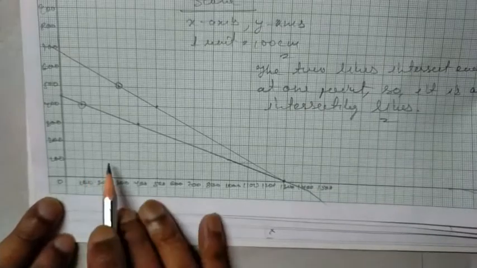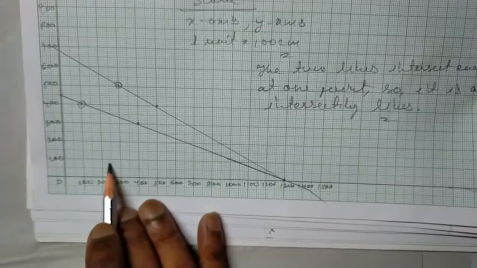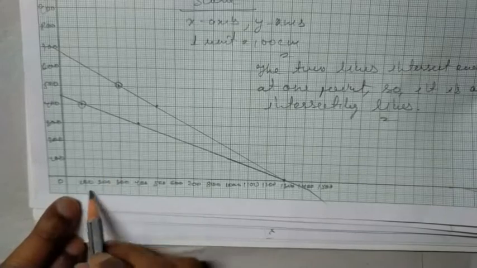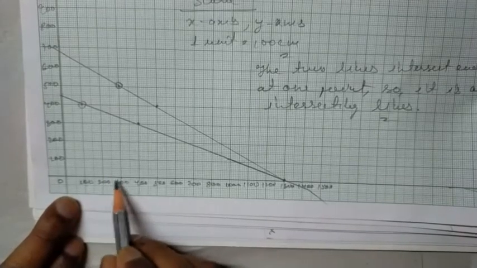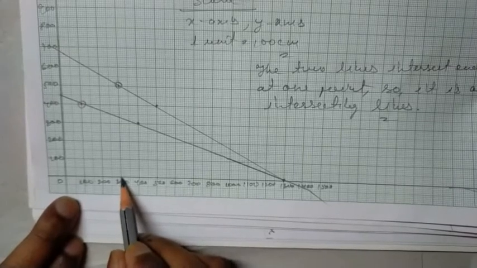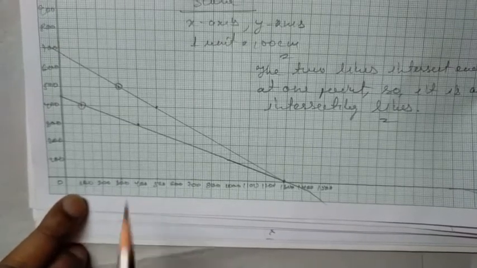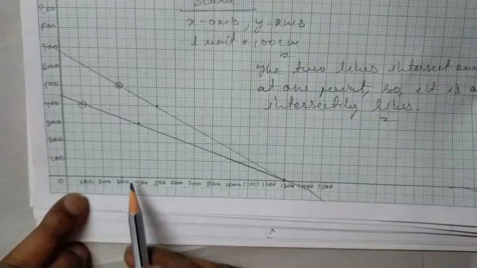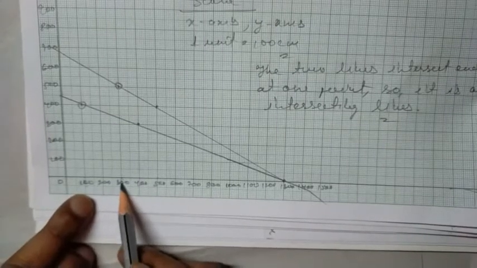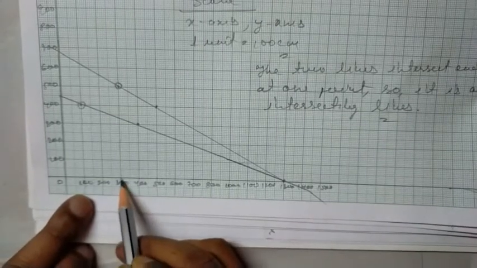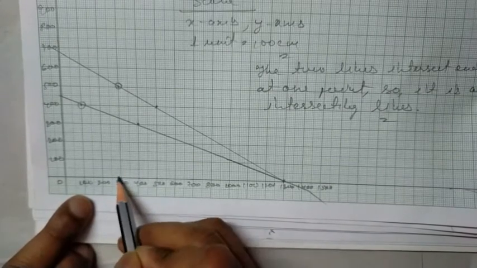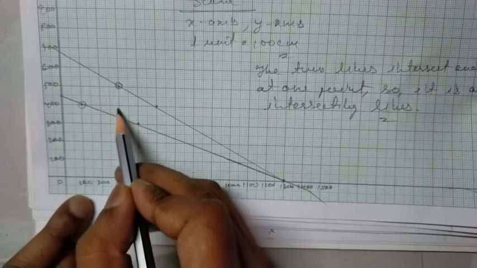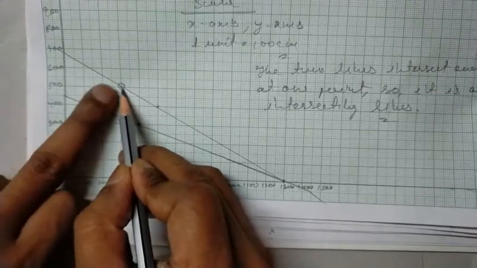The first table has x value 300 and y value 500. Where is the x value 300? On the horizontal, x is 300. Then we move vertically to y, that is 500. Where is 500? 500 is here. So this is the point.